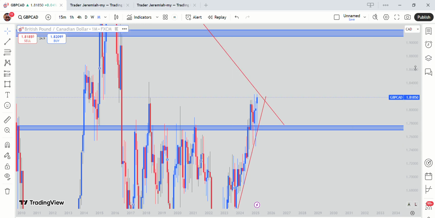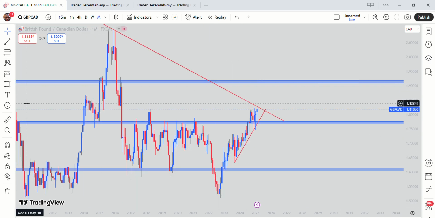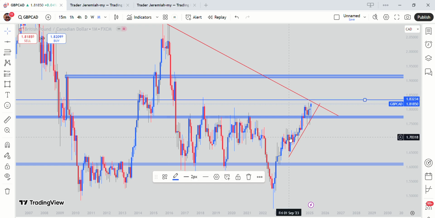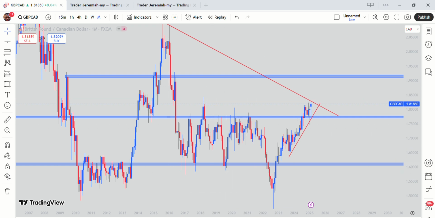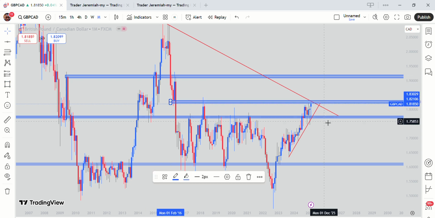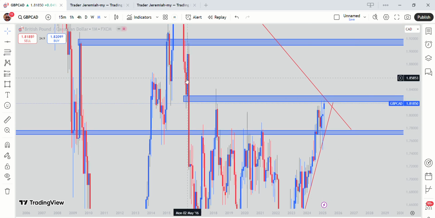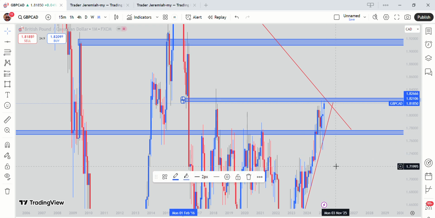So let me map it out first. There was a resistance level around this region. Let me draw it out first. Okay, so now I'm expecting price to come into this trend line region and touch the trend line for the third touch.